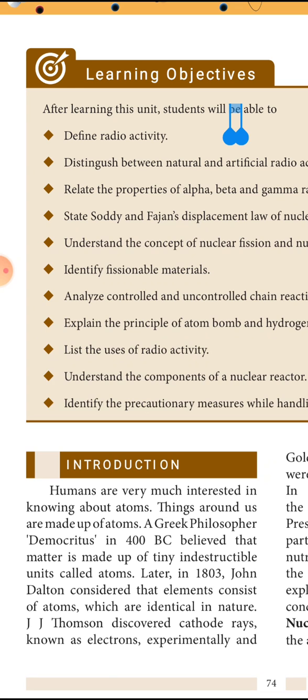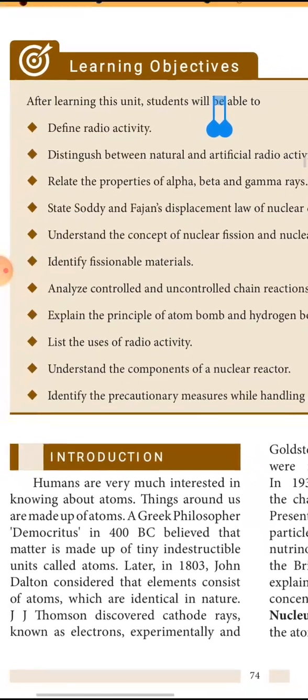Fissionable materials. The elements which have the heaviest nuclei will undergo fission, that is, splitting into two or three, and are called fissionable material. Controlled chain reaction and uncontrolled chain reaction.